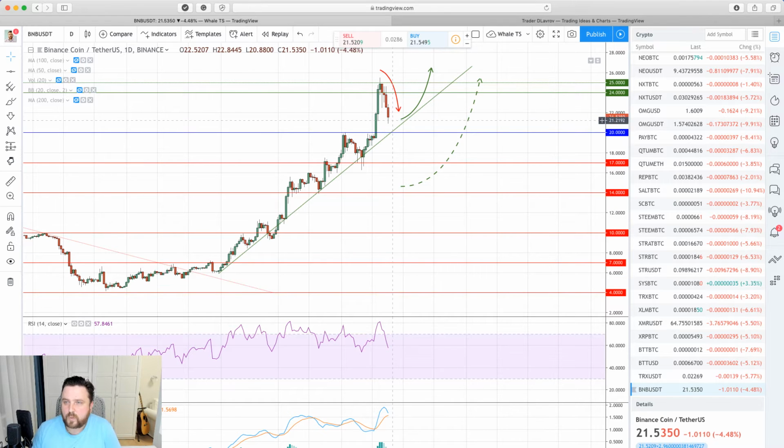Probably we will have a price reversal from this zone. It is formed by 20 level and this local uptrend line. Price can bounce from this and continue the upward movement, and give us a second attempt to break the resistance zone.